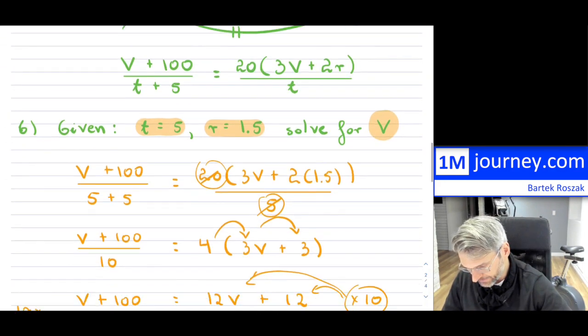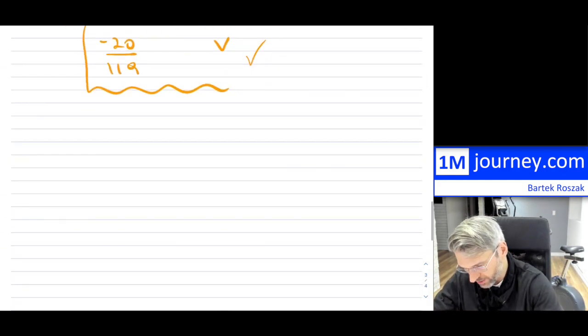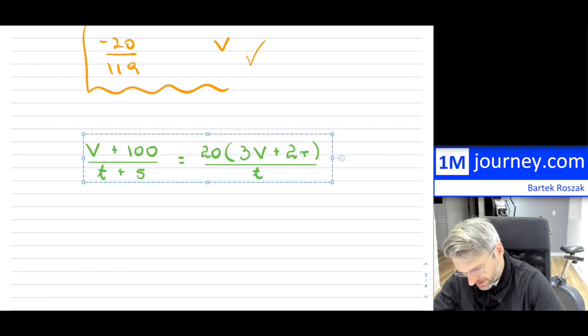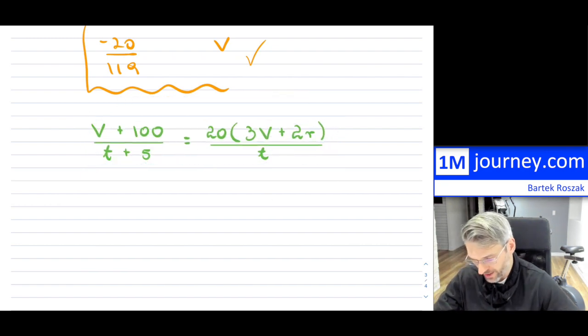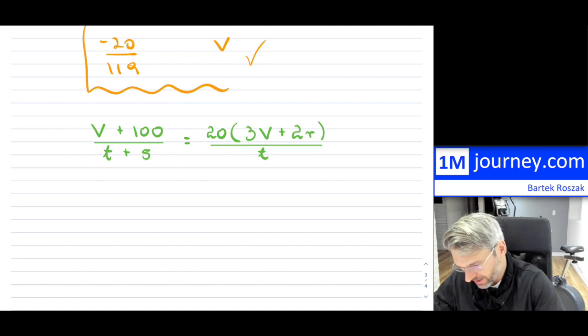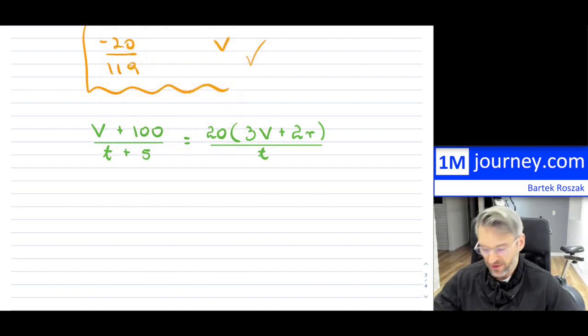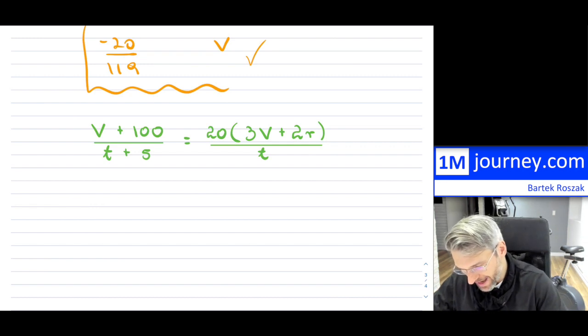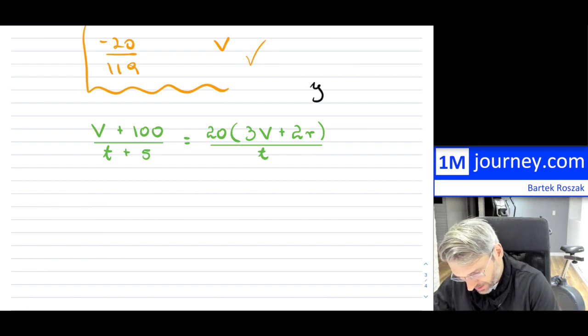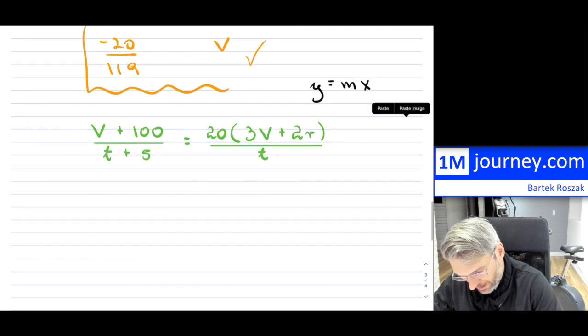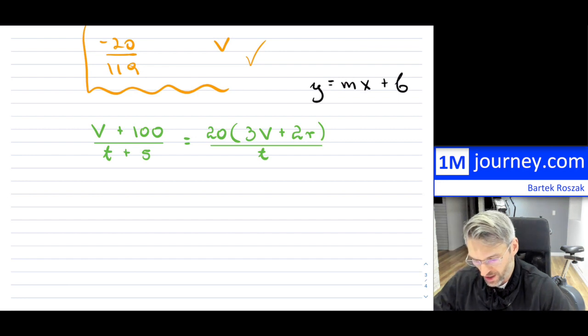Within here, let's take a look and see. I'm going to paste this back in here. We want the relationship between v and r. What I like to do in these cases is, the ultimate goal is to see if I can massage the formula so that it looks like this: y is equal to mx plus b.